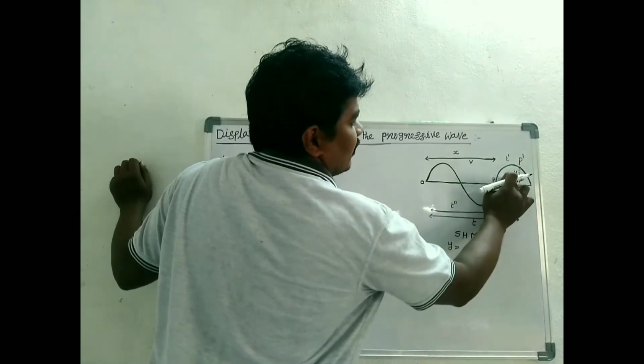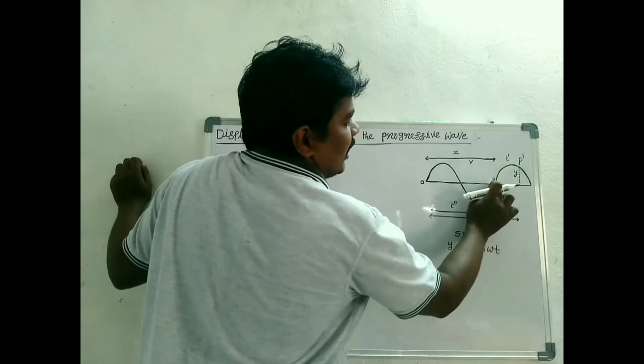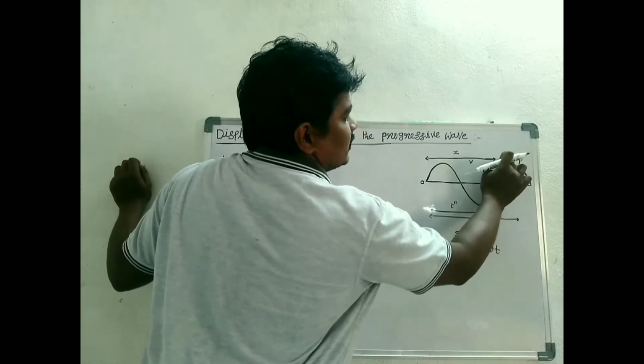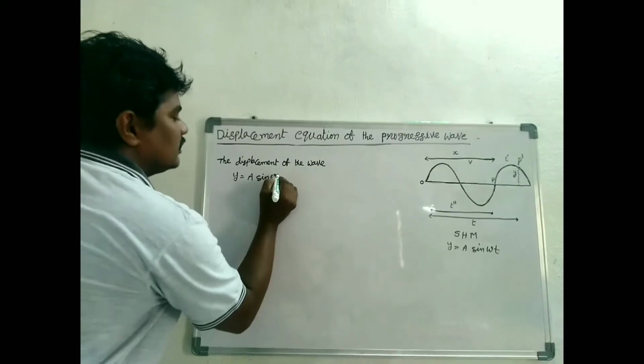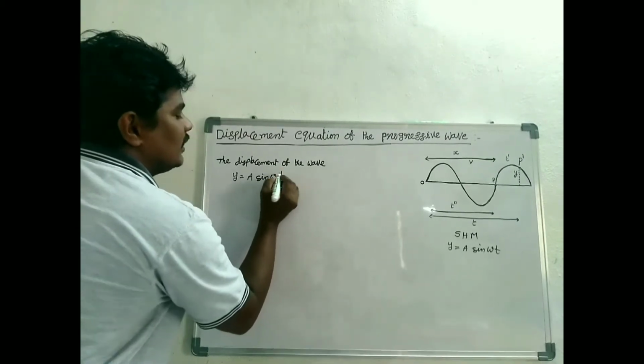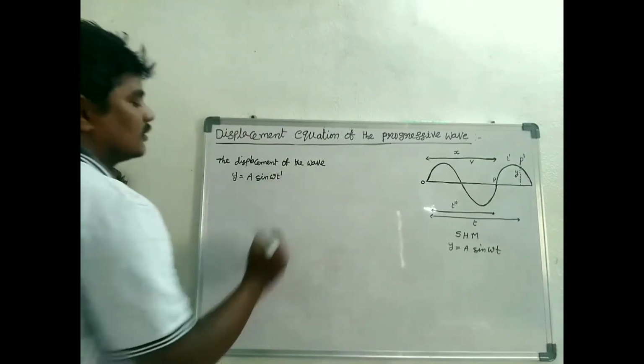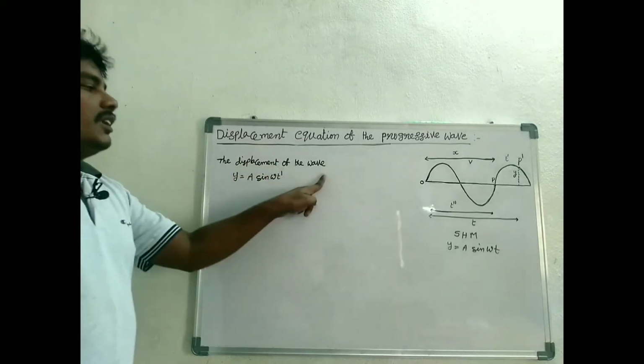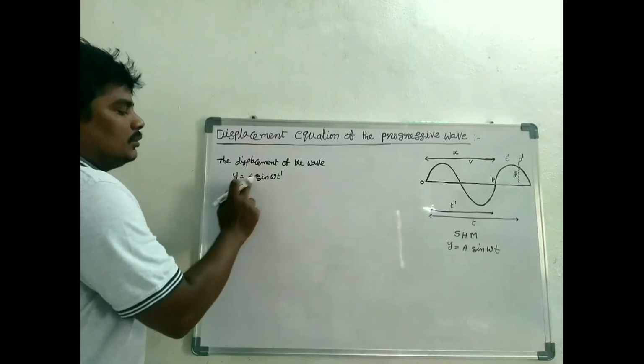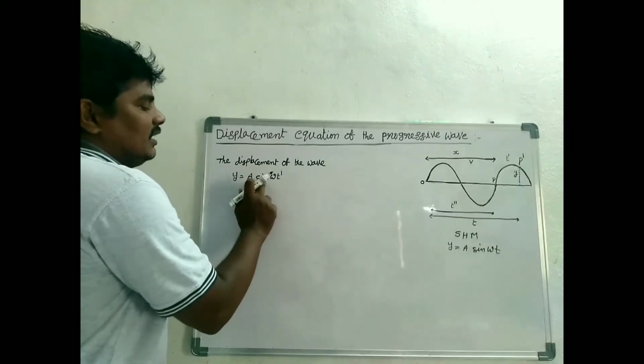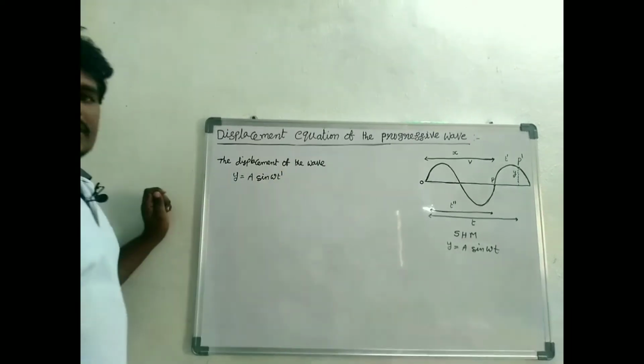But here the time taken to travel from P to P dash is t dash. That's why I write t dash. So the displacement of the wave is y equals a sin omega t dash.